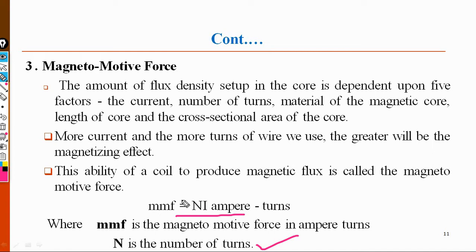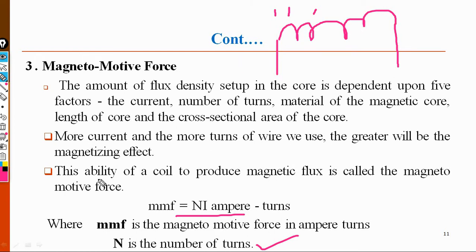The definition of magnetomotive force is the ability of a coil to produce magnetic flux. For example, this is one coil, and it is connected. This type of coil produces magnetic flux around it. That ability is called magnetomotive force.